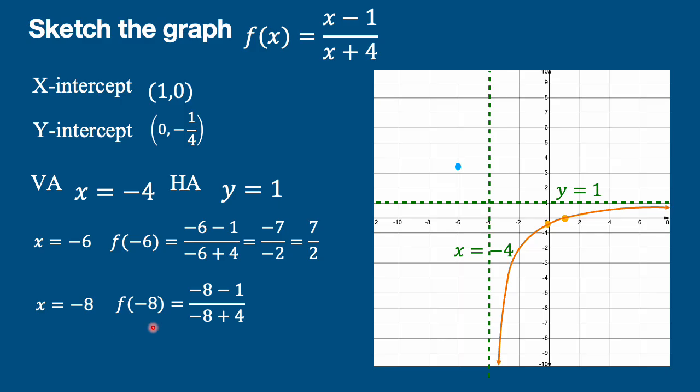F of negative 8 is negative 8 minus 1 over negative 8 plus 4, so negative 9 over negative 4, which is 9 over 4. Then you connect the points right there and sketch the function. Make sure you start with the vertical and horizontal asymptotes, plot the x-intercept, and find any 2 points connected to the other side.